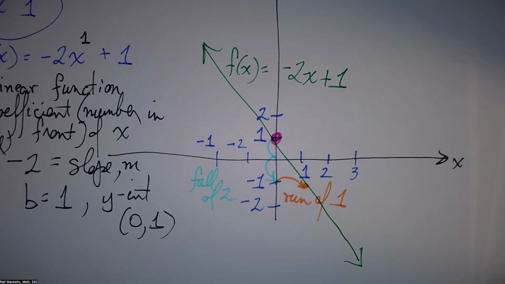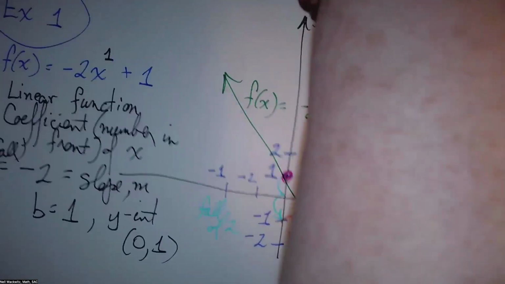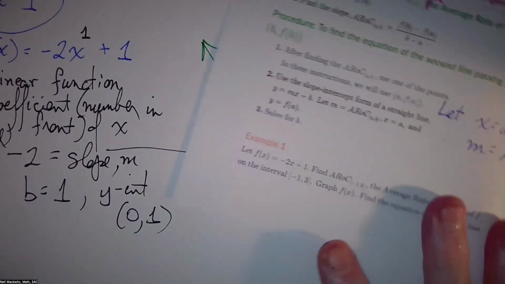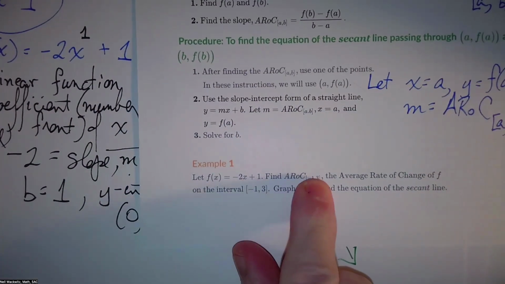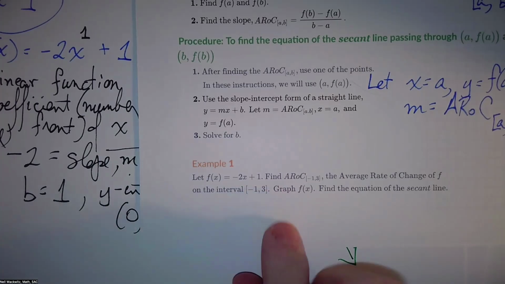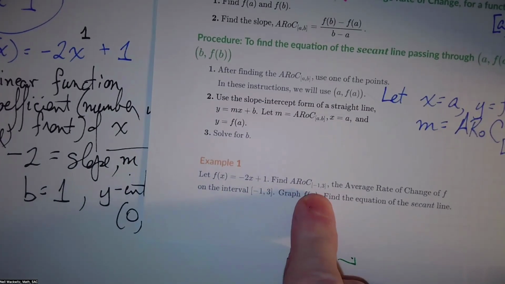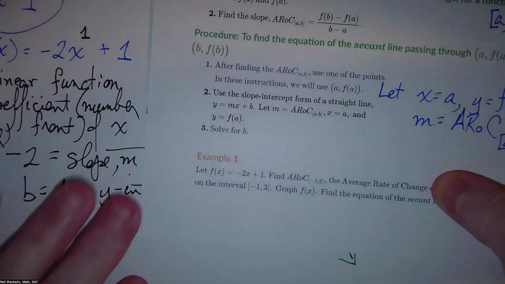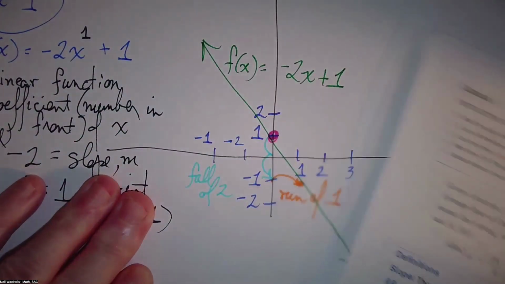Okay, now we can begin our question. It says that we want to find the average rate of change on the interval -1 to 3. And then we want to find the equation of that line.